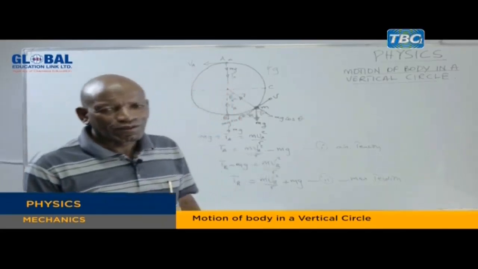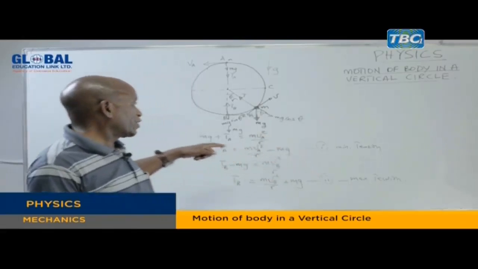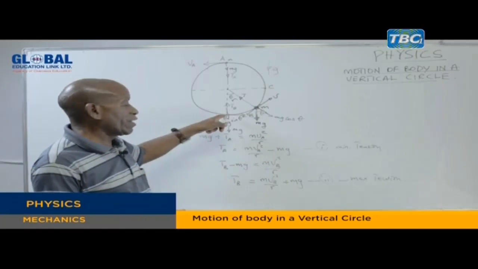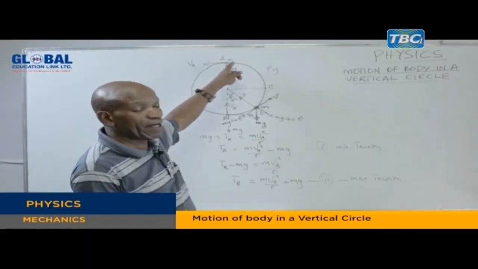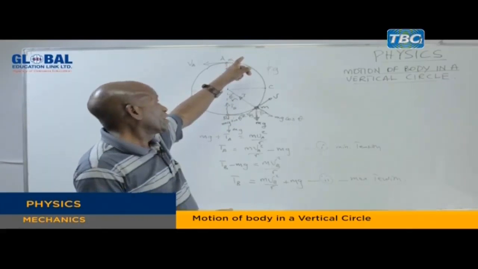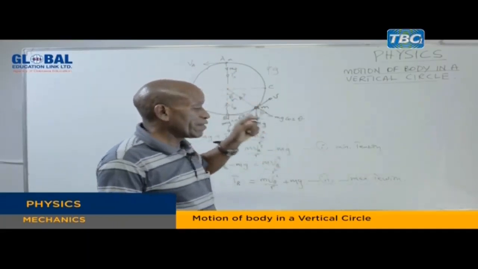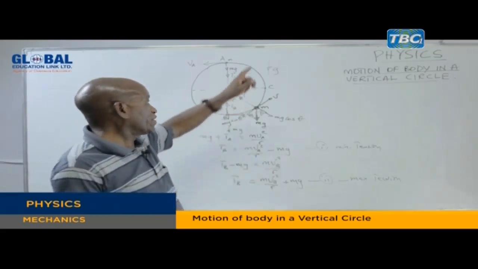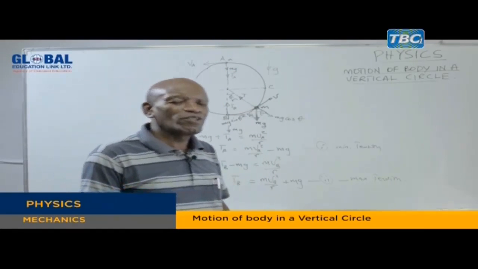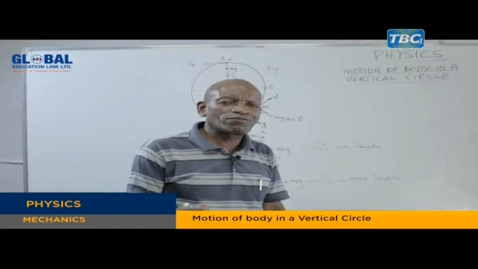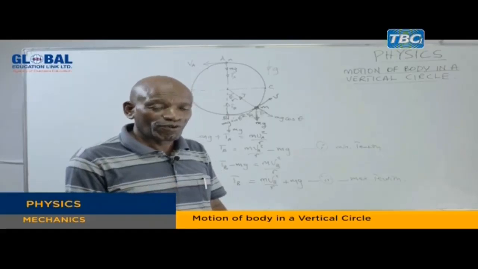Having obtained the maximum tension in the string, which occurs whenever a body passes at the lowest point, and the minimum tension whenever it passes at the highest point in such a vertical circle, and with g acting vertically downward, you can understand that this kind of circular motion is not uniform.